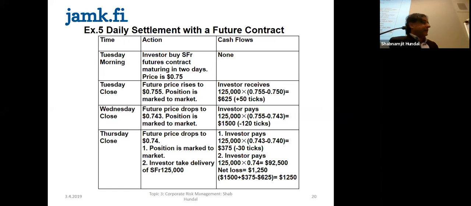And if you multiply 125,000 Swiss francs with 75 American cents, it will be exactly equal to 93,750, which is the same as the futures.